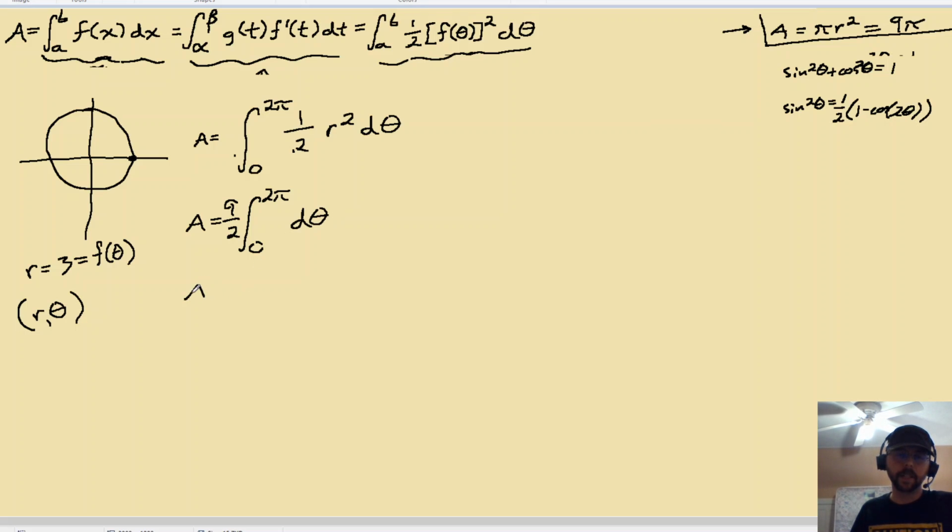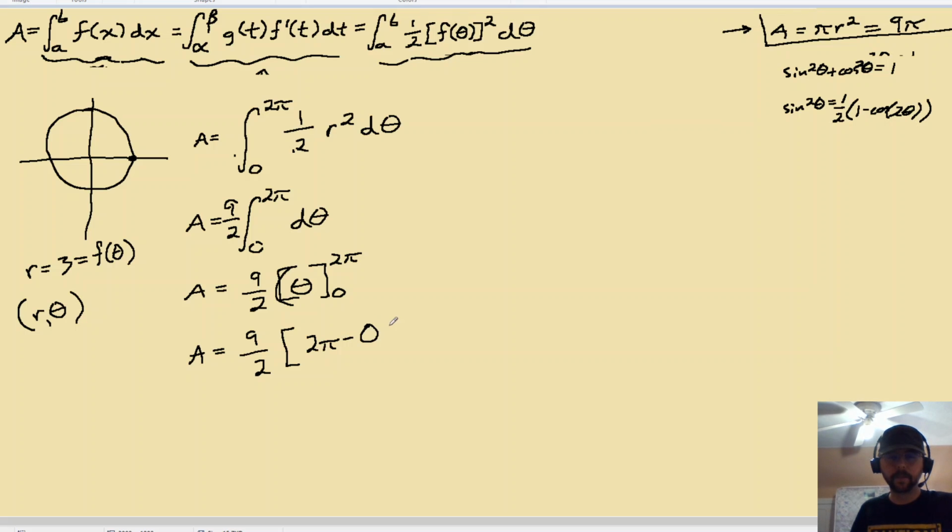So we're going to have area equals 9 over 2 times theta, let me use brackets here, actually, evaluated from 0 to 2 pi, which is going to be 9 over 2 times 2 pi minus 0. Hey, look at that. The 2's cancel. Area equals 9 pi.